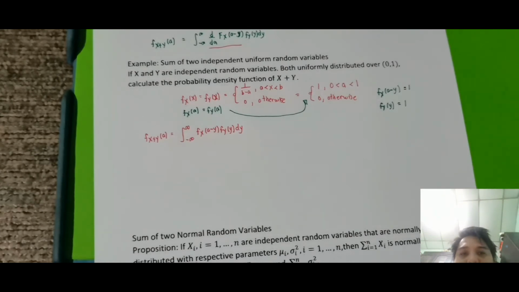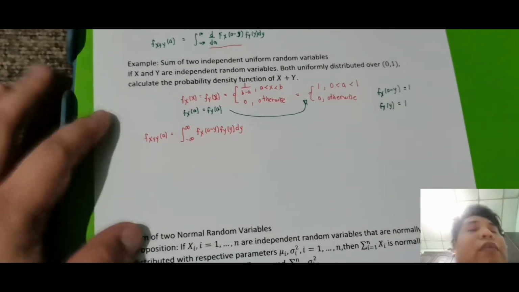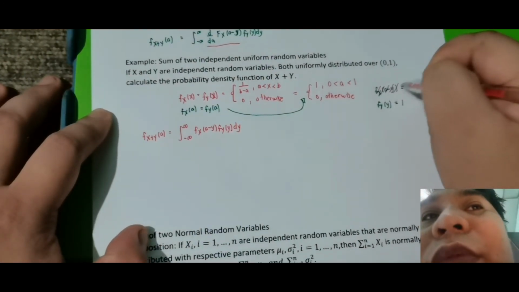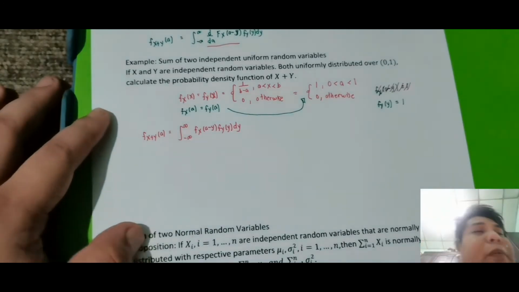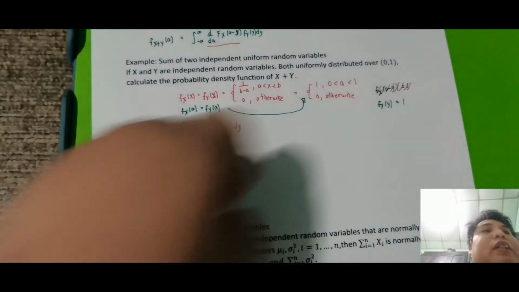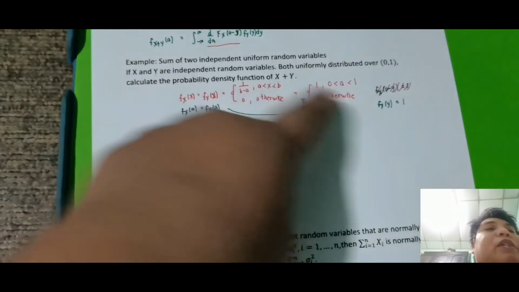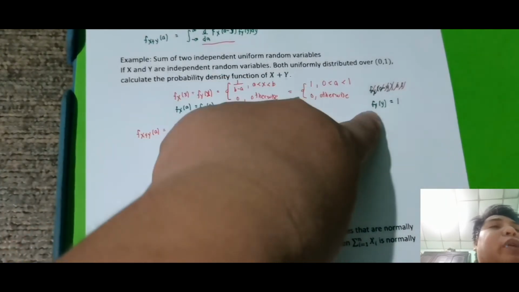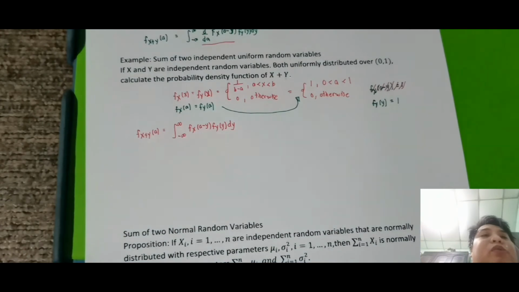So since with respect tayo sa y, hindi ko yata siya pwedeng kunin, no, substitute ko dyan. Okay, so again, wag mo na natin kunin to. So wag niyo muna pansinin to. So may gagawin pa kasi ako. Baka siya yung magamit ko. So basically, yung pwede ko talagang gamitin si f sub y of y. So si f sub y of y, so yung f sub y of a, palitan ko lang ng y. This is just simply 1 pa rin based doon sa ating piecewise function.